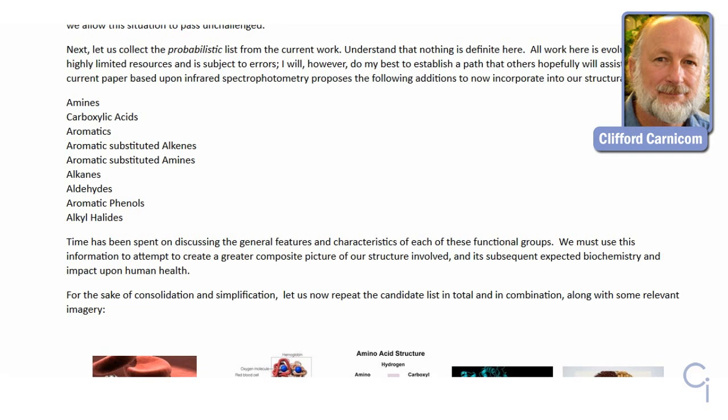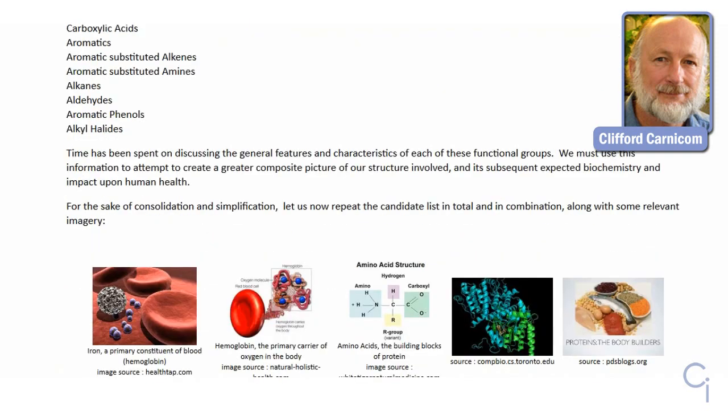Now, the next part of that paper, right before we went to phase 2, was where I tried to give a little bit more meaning. I won't have time to go through them all, but I tried to make a visual section of the paper available to give you some sense of what these functional groups mean visually.